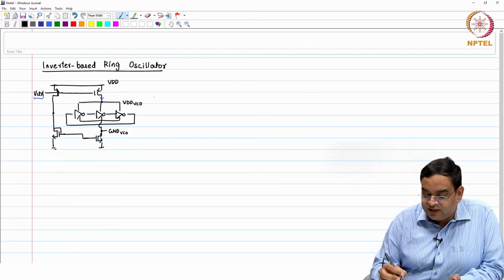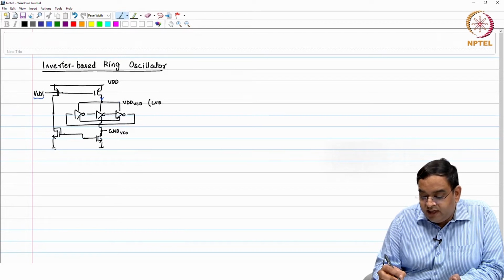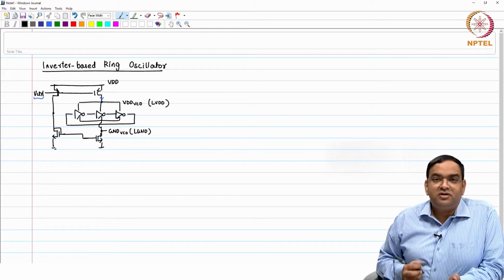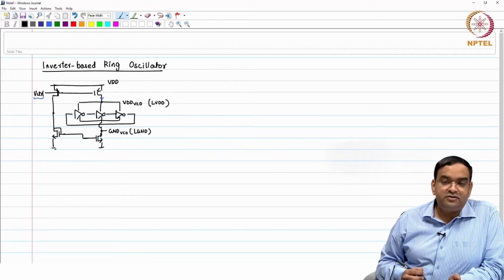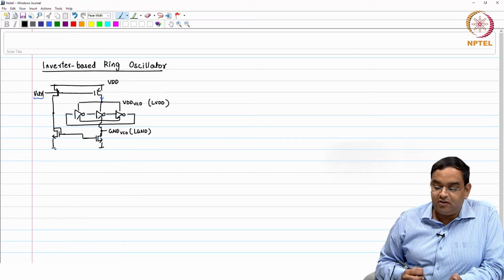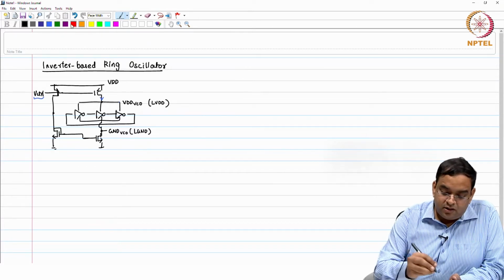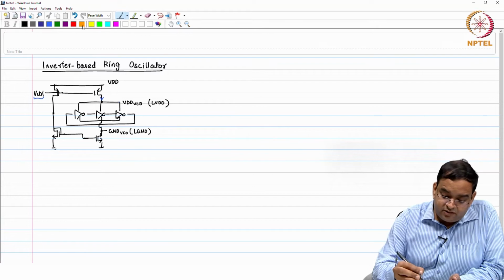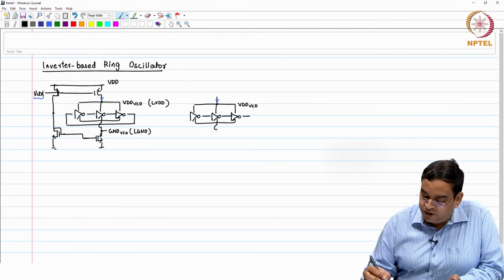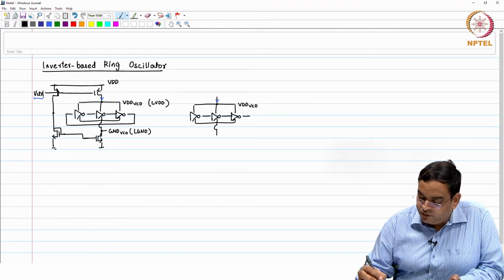In the previous session, I called this local VDD and local ground. Because this VDD is for the oscillator, we can call this VDD VCO and ground VCO. If you take this oscillator stand alone, this node is VDD VCO and this node is ground VCO.